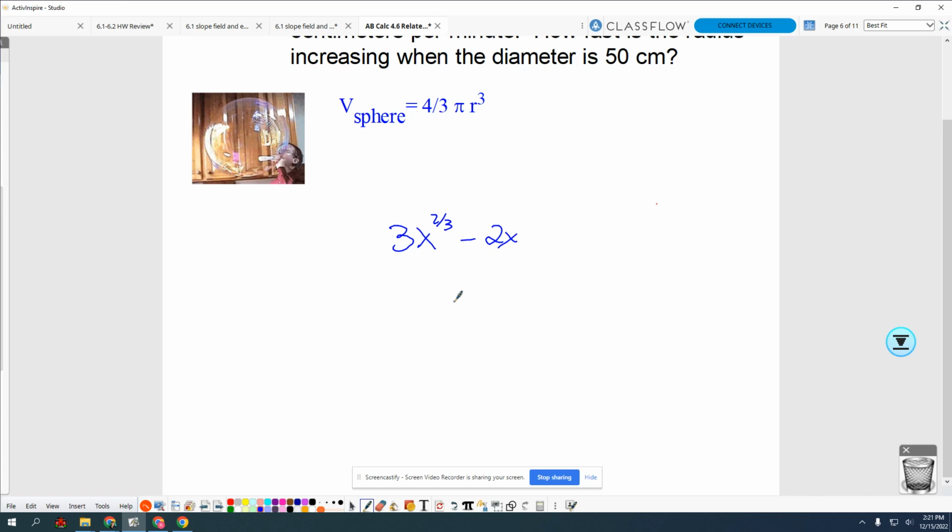It was negative 2x to the 2/3 minus 3x on the original quiz. Well, see how you just have to do the derivative. Where is that derivative 0 or undefined? I get stuck when it becomes 1 over x to the 1/3 equals 2.